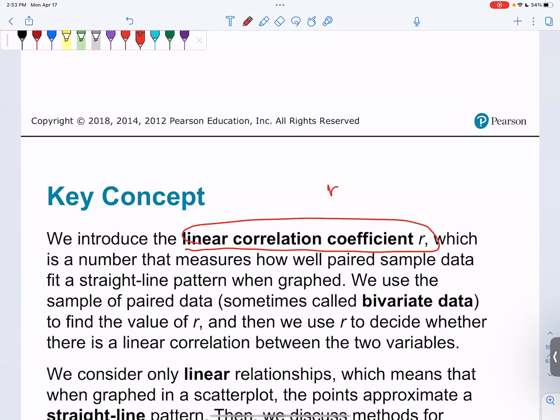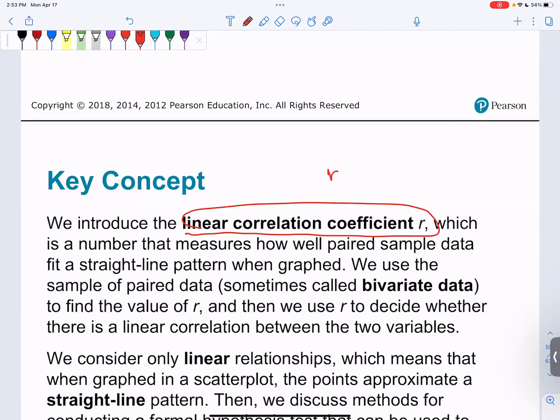We call it R. Okay, so we did say that, and for sure we will study just the simple correlation, which is where we have two variables, x and y, or x1 and x2 and so on.